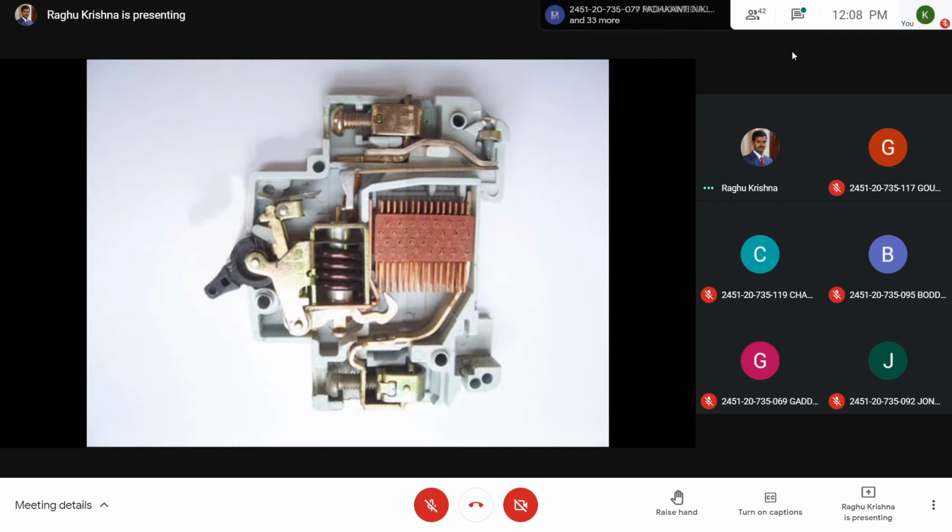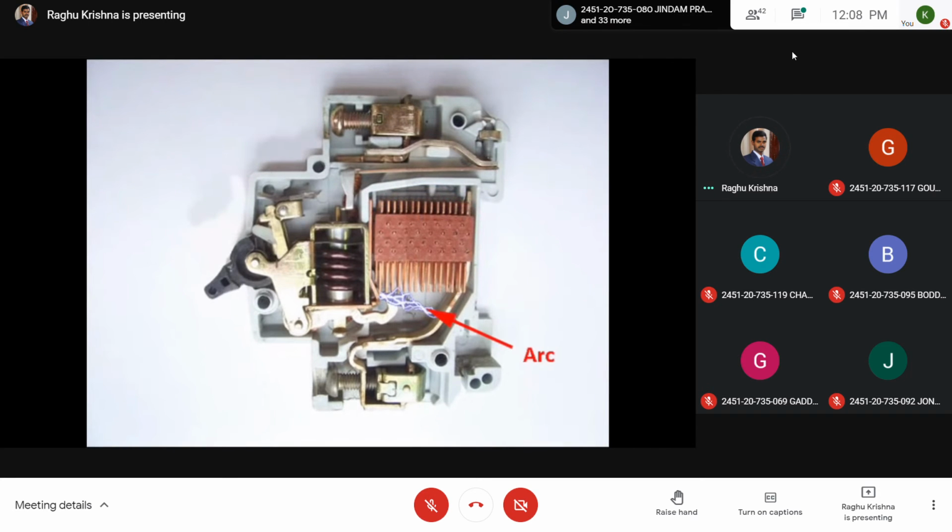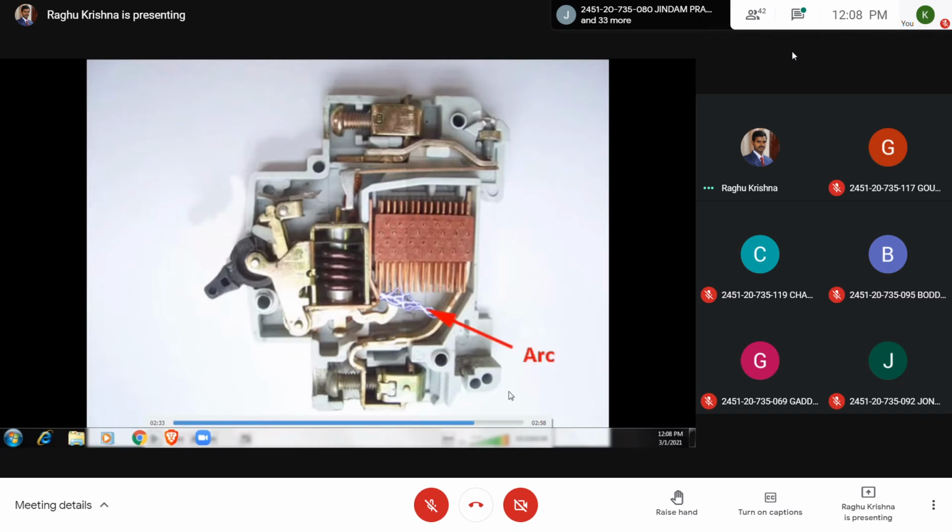A miniature circuit breaker is always provided with arc splitters, giving separation of moving and fixed contact. So can you see an arc? This is the arc. Arc formation occurs between this moving contact and the fixed contact.